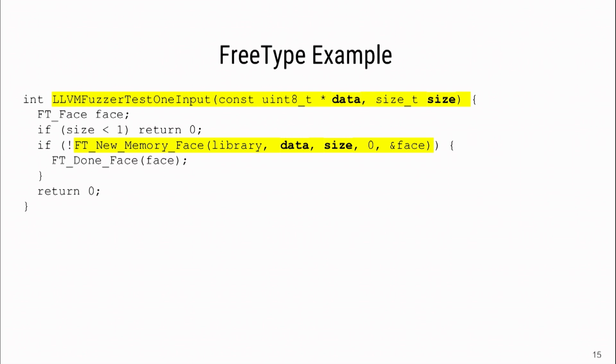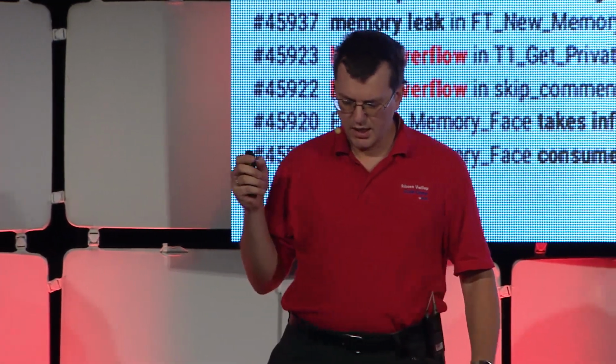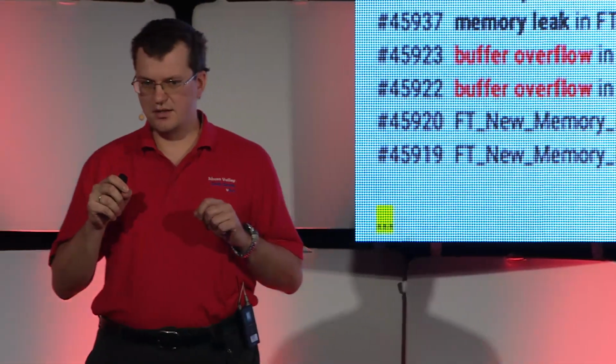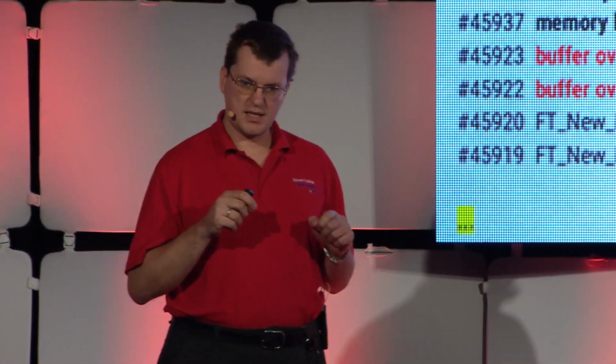FreeType library is a font rendering library that is used on every Android phone, that is used by Chromium, and in many other applications. And this target function calls the FreeType API that opens a font in memory and parses it. That's it, 5 lines of code. Even though the target function is very simple, we were able to find several dozens of bugs in FreeType.